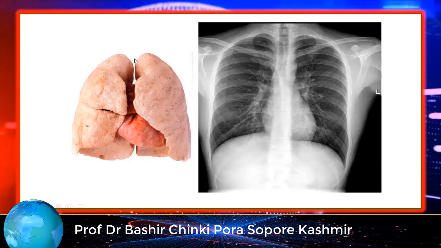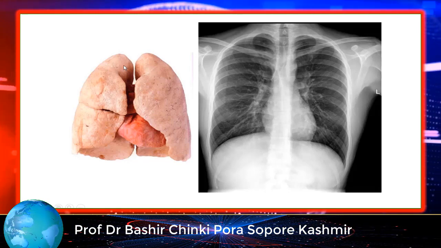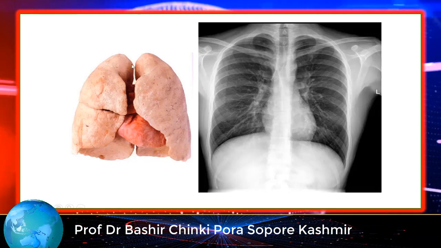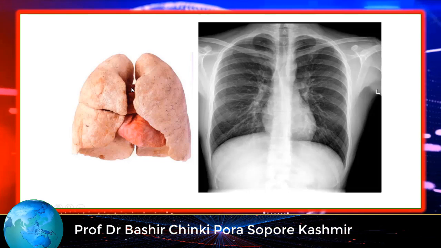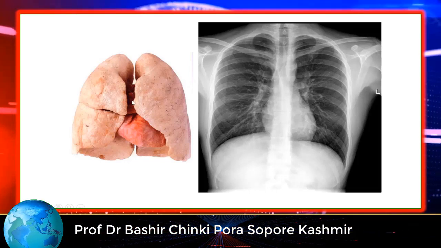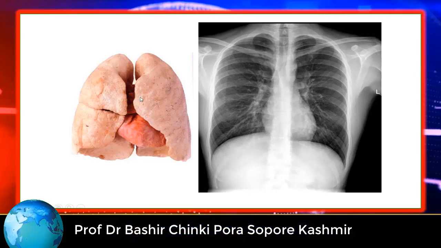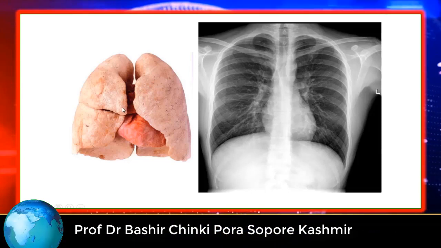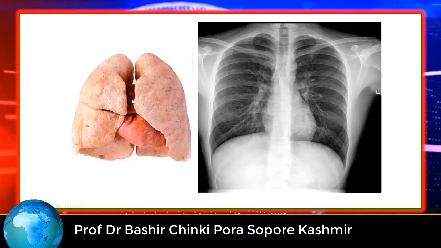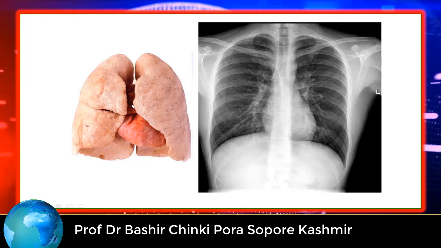As I said, the posterior junctional line is formed by the upper lobes posteriorly in front of the vertebral column, and the anterior junctional line is formed anteriorly when the two upper lobes come in close contact with one another anteriorly. I think this is now clear.